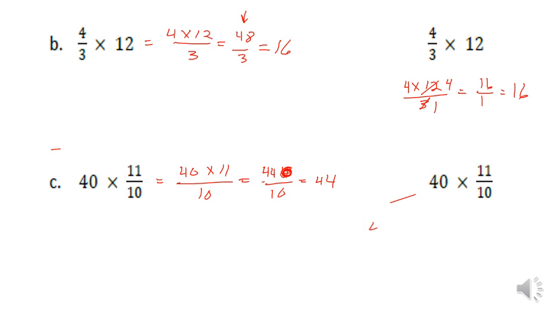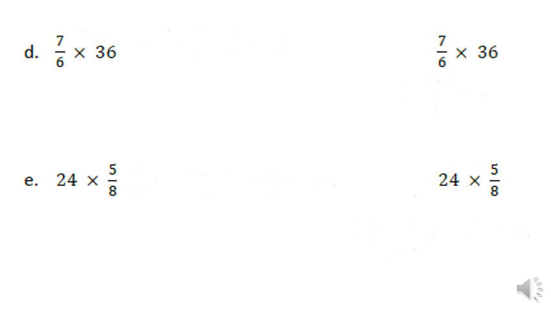Now, doing it the other way, we have 40 times 11 over 10. And I can see 10 will go into 10 one time. 10 will go into 40 4 times. Now I have 4 times 11 is 44 ones, so it equals 44.